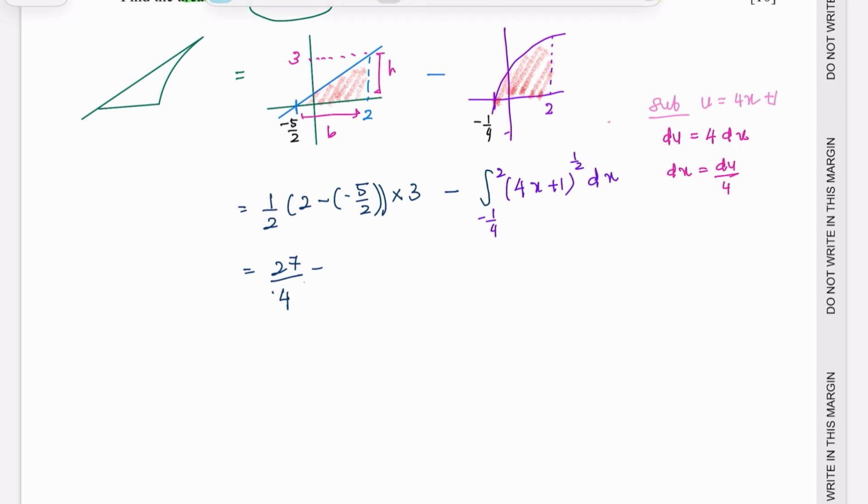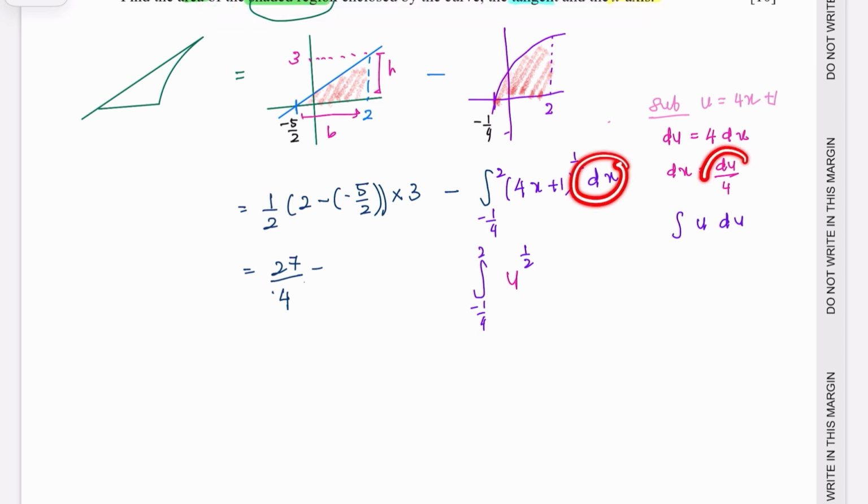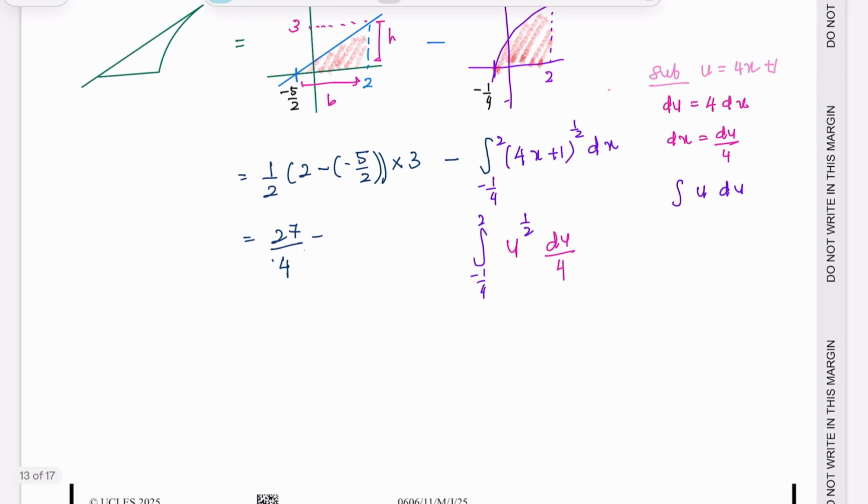Now, if I substitute this, I'll be substituting u for 4x plus 1, 1 over 2, and for the dx over here, I substitute du over 4. For me to integrate this, I know that 4 is a constant, so I can bring it outside of the integration, 1 over 2 du.